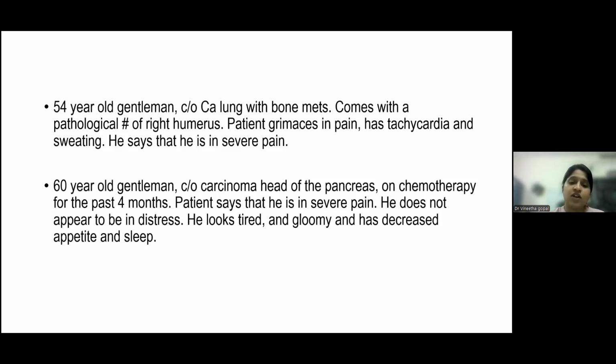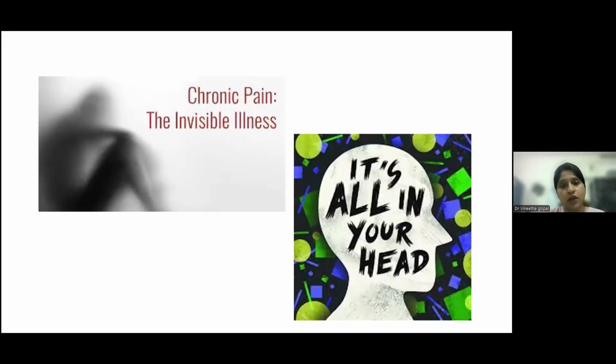This is one reason the oncology residents and our staff nurses say a sentence that I think I have heard most in the last 7 years after taking up pain management: madam, that patient says his pain score is 10 out of 10, but he doesn't look like that, he doesn't appear to be in that kind of pain, I think there are some psychological issues there. This is because there is a pain behavior difference between acute pain and chronic pain.